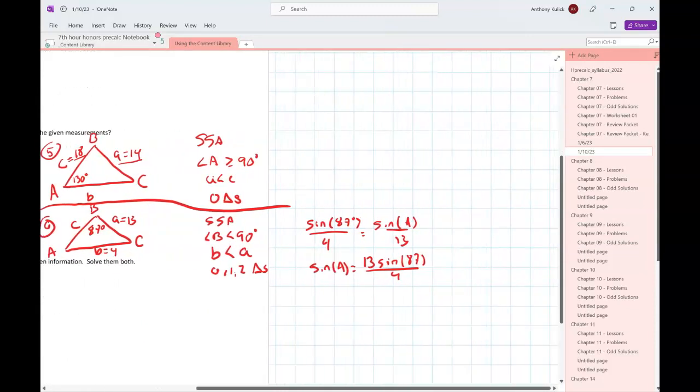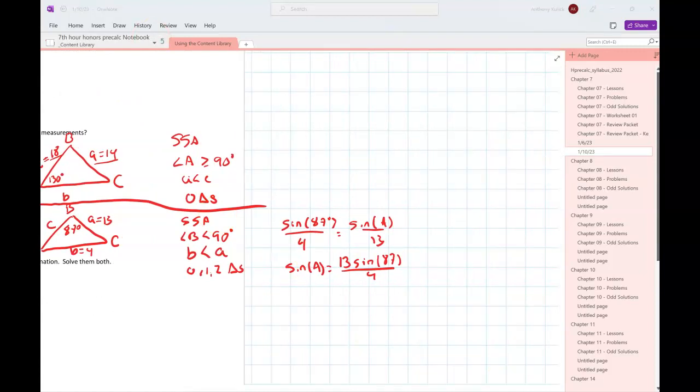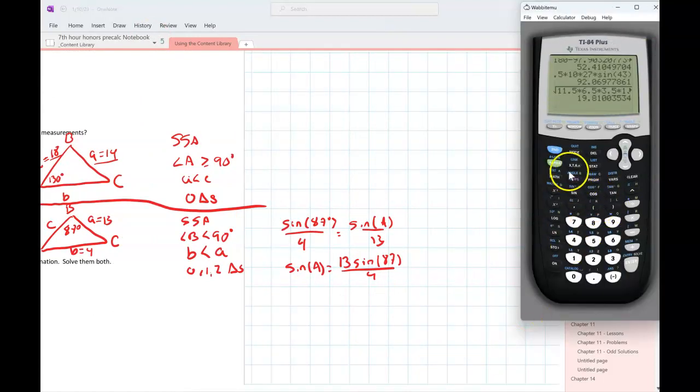So I'm going to go into my calculator and type in 13 sine 87 divided by 4. If I haven't been on my calculator in a while, I'm going to make sure I check my mode. I know mine's in degree mode though, because since I've come back from break, I've been using it a lot.